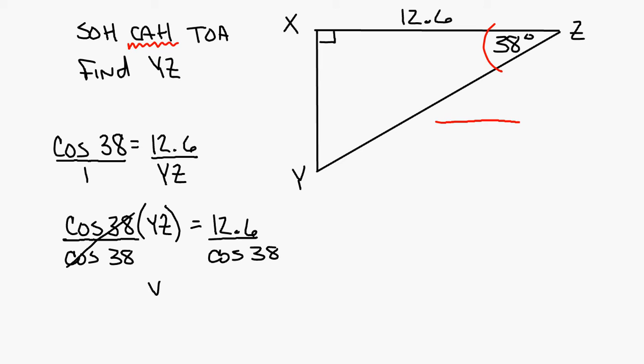Those cancel, and Y to Z is equal to... Should the answer be greater than 12.6 or less than 12.6? It's got to be greater. You're looking for a hypotenuse. It's got to be longer than each of the legs. So 12.6 divided by cosine 38 is 15.99. So there's your Y to Z.